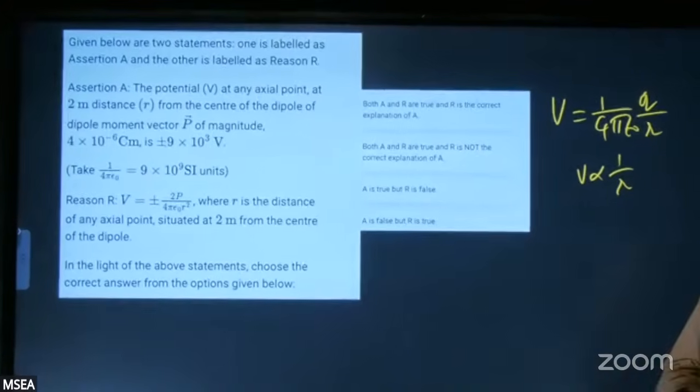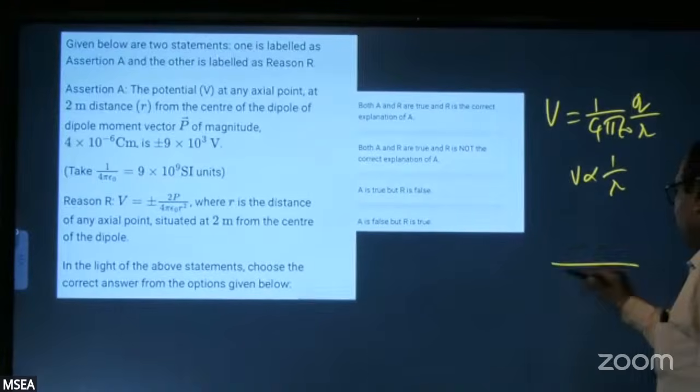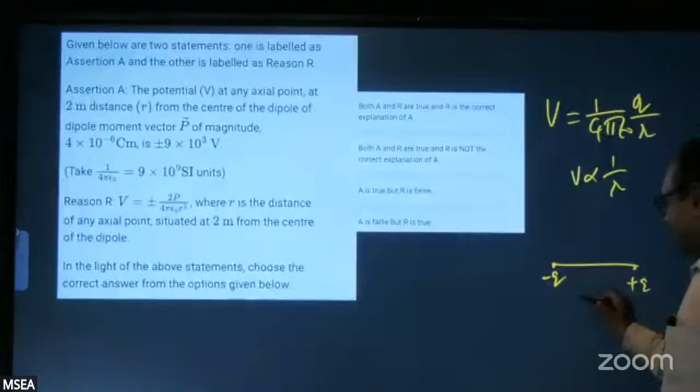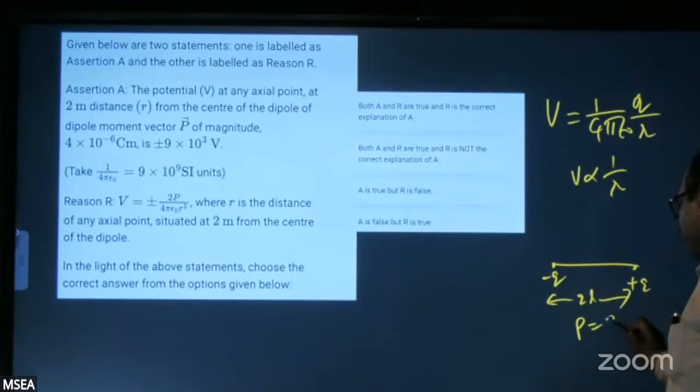Suppose a dipole is given: two equal and opposite charges separated by a certain distance. Then we can write the dipole moment as Q into 2L.